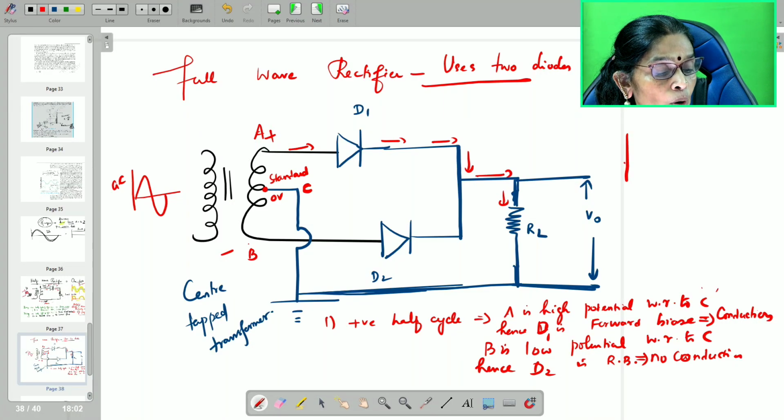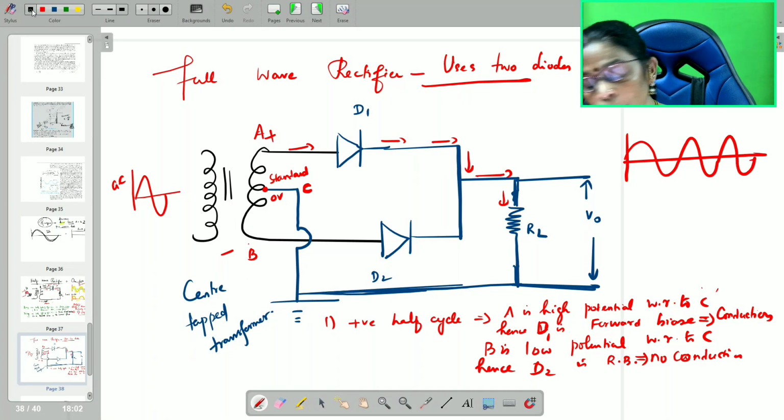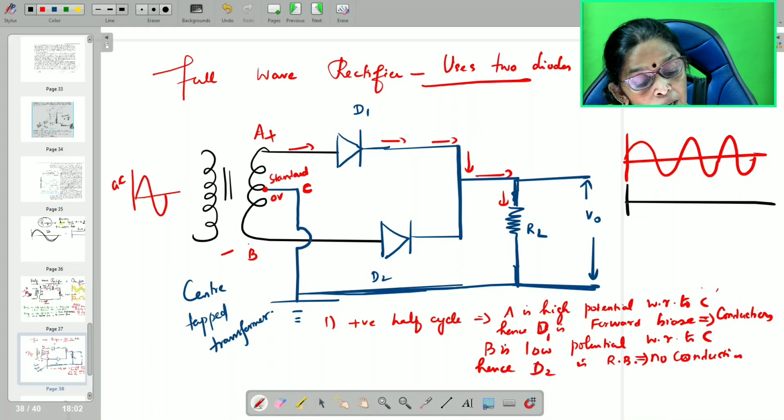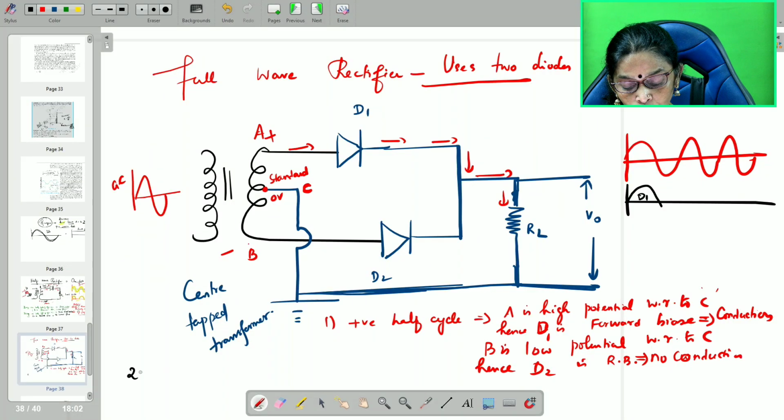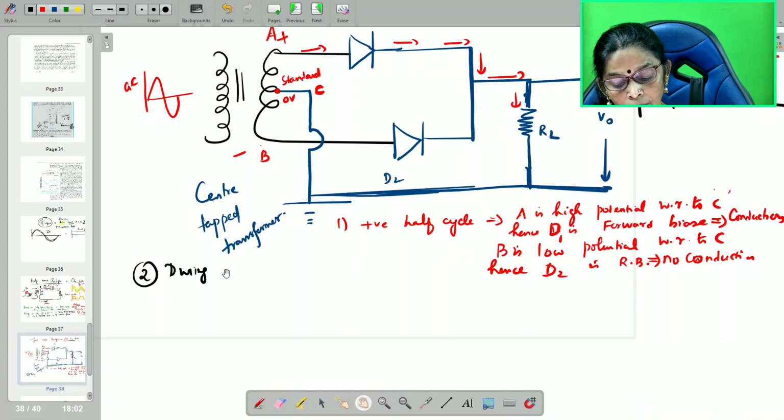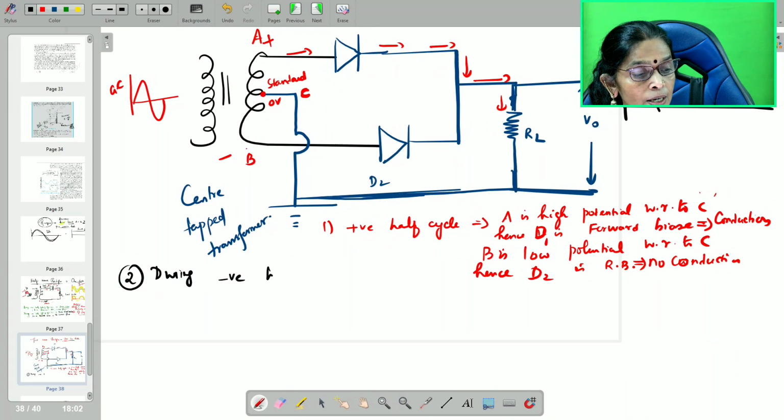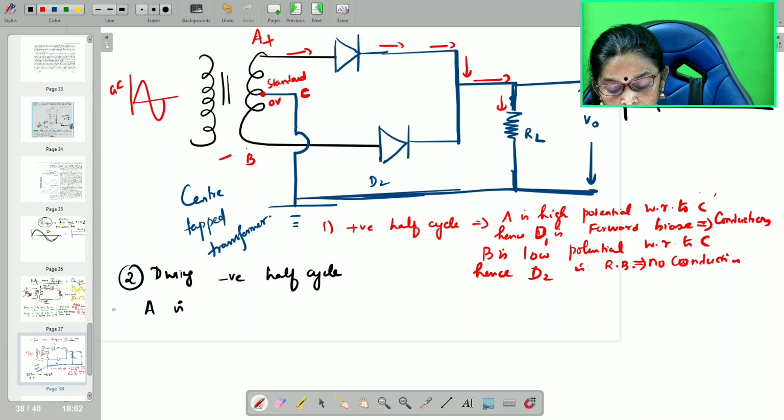So, therefore, I will draw, this is 1, 2, 3. Now during the positive half cycle, diode D1 will conduct. So, hence output is obtained. Now during the negative half cycle, number 2, end A is at low potential, and B is at high potential.